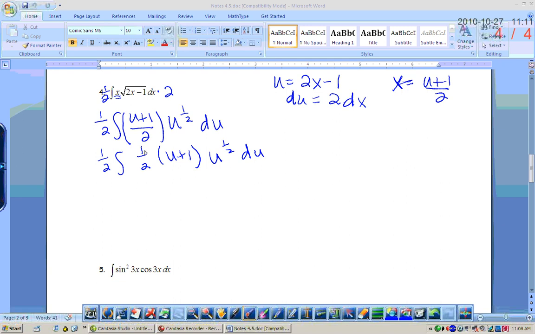That 1/2 inside can be pulled out. And really, I like to pull out any coefficients because I think it makes integrating easier. So if I pull the 1/2 that's inside out, what do I have outside now? Good. So 1/4 integral. And then what else do I need to do inside in order to integrate it? Distribute, right. So u times u to the 1/2 is u to the 3/2 plus u to the 1/2 du.